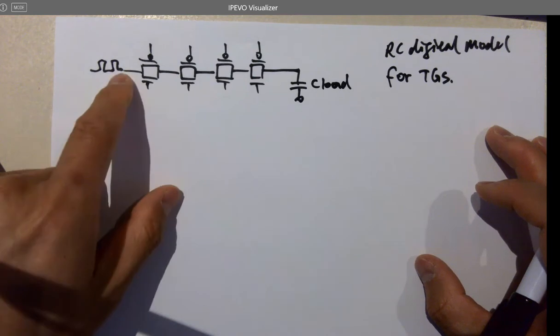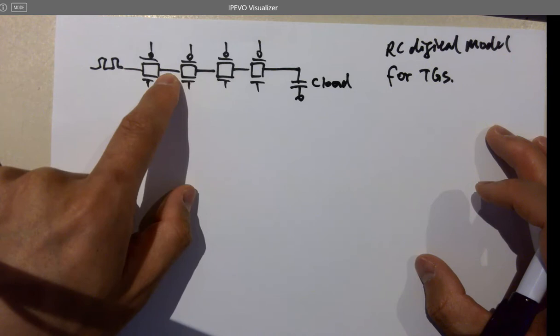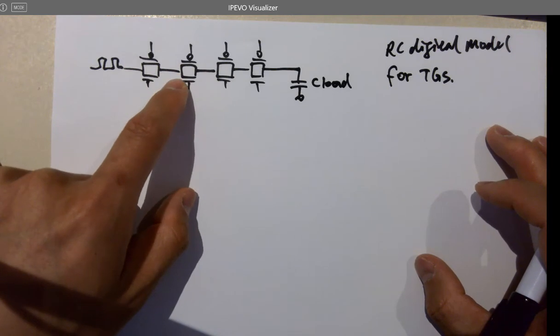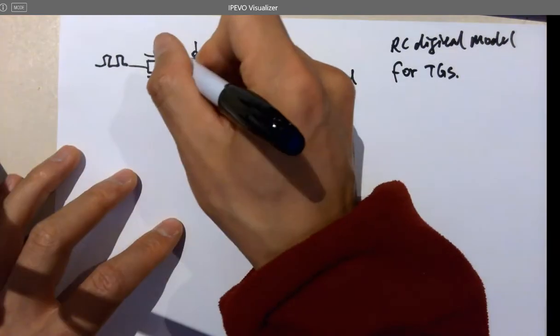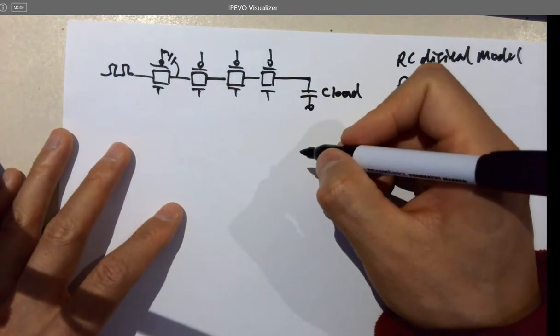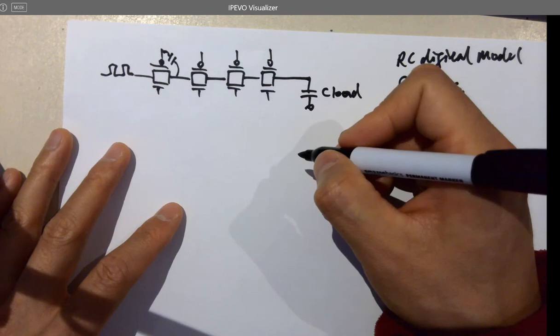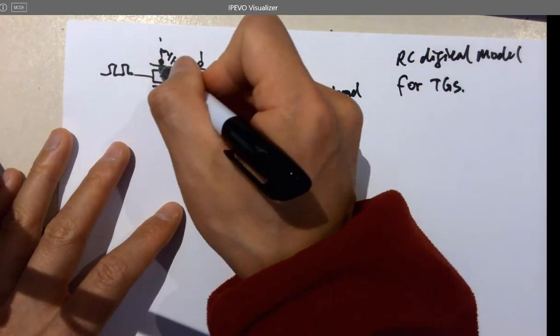No, because whenever this is on, this will be on. Whenever this is off, this will be off. So there isn't another source to pull it to a different direction. So what's the cap here? I mean, we split that cap in two halves, right?